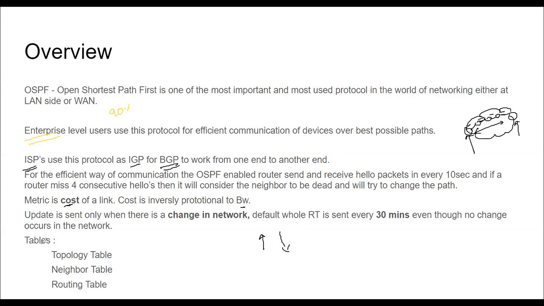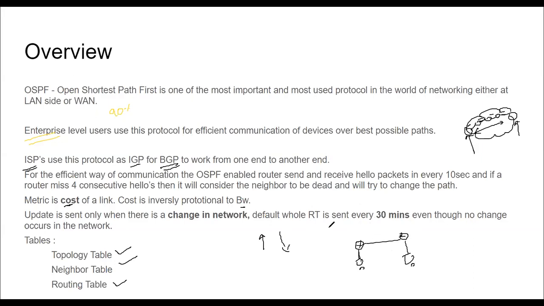OSPF has three main tables once you configure it. First is the topology table, second is the neighbor table, and third is the routing table. By default, if no changes occur in OSPF, for example, I built an OSPF neighborship between these two guys, there won't be any refresh packet sent over the link.